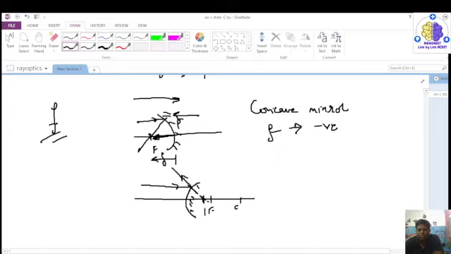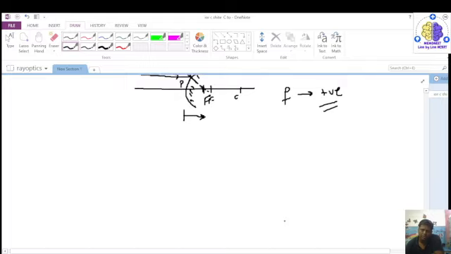So the focus is drawn at this point, and this is the pole. While measuring the focal length, if I move from the pole, I will be moving in this direction, and this direction is the same as the direction of the incident ray. Therefore, for a convex mirror, the focal length is positive. Focal length is positive, right?